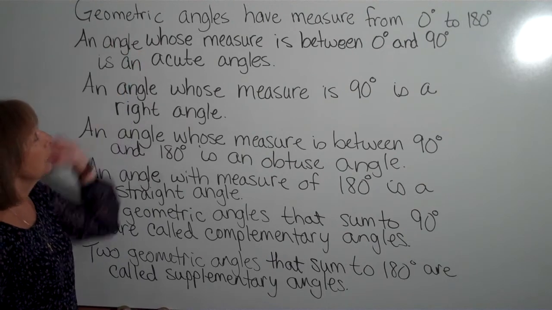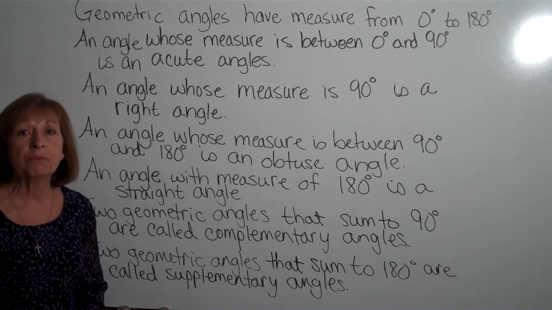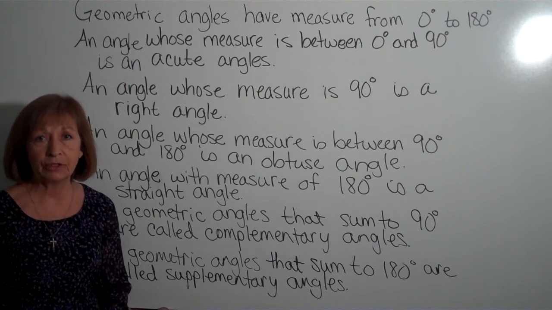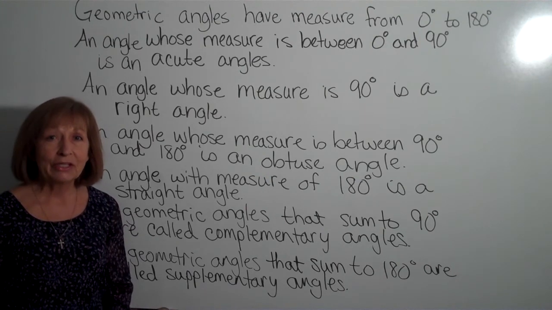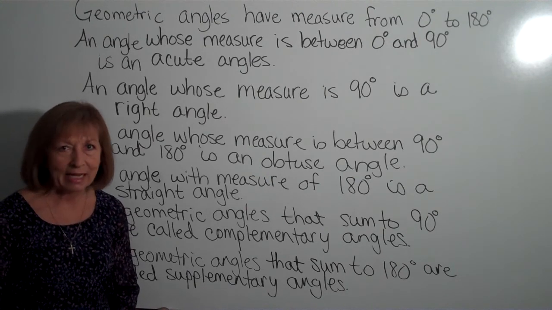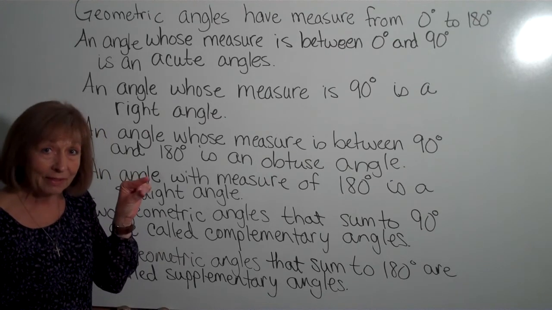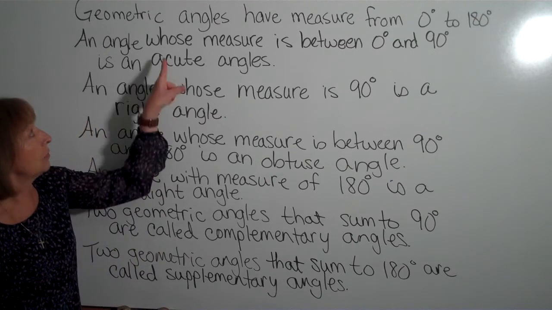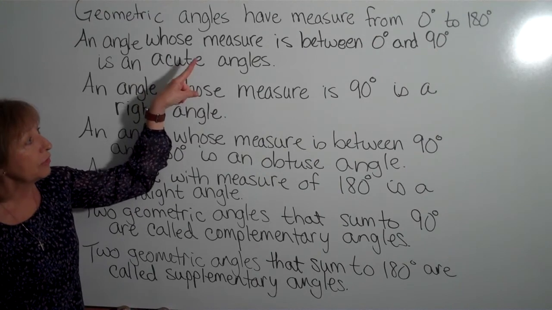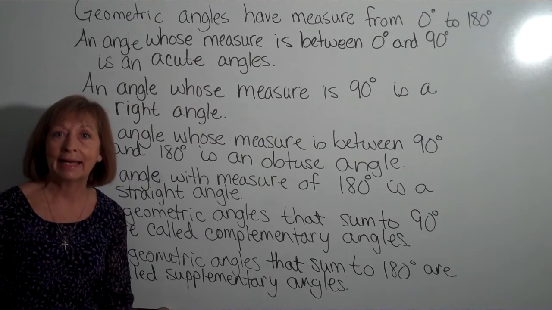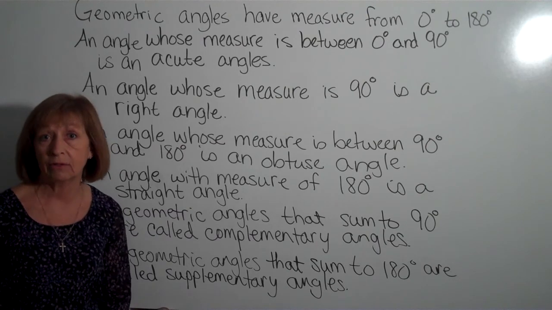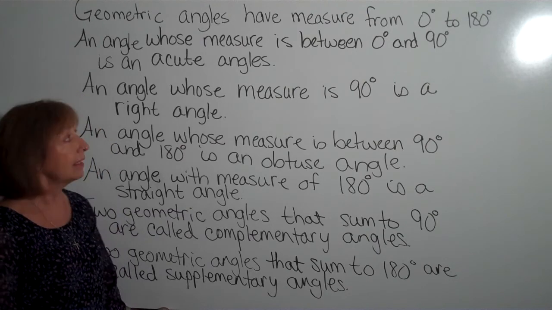Now with the geometric angles, an angle whose measure is between 0 degrees and 90 degrees is called an acute angle. Sometimes people like that play on words, that it's a cute little angle. So even if you have an 89.9 degree angle, it would be considered an acute angle.